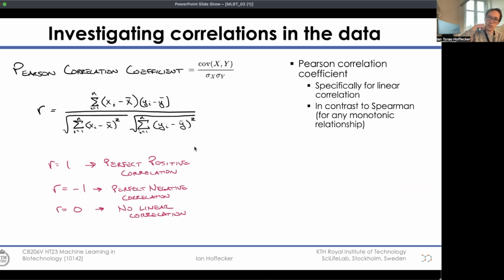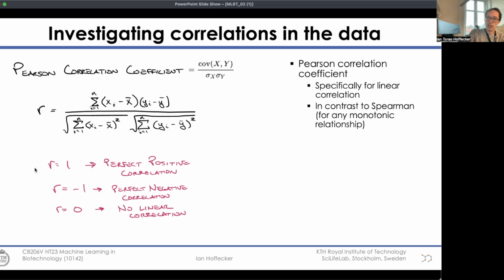We can use what's called the Pearson correlation coefficient here, which is defined as the covariance between two variables divided by the product of their standard deviations, or this summation of the product of these two differences, x minus the x mean, y minus the y mean, divided by the square roots of the respective variances of the two variables, or the standard deviations here.